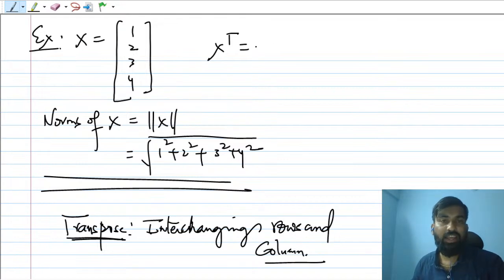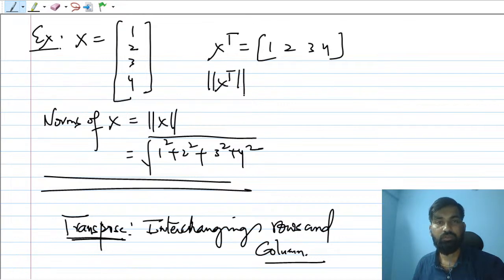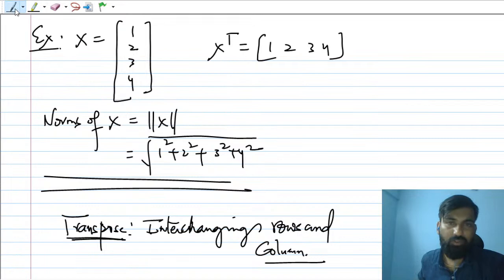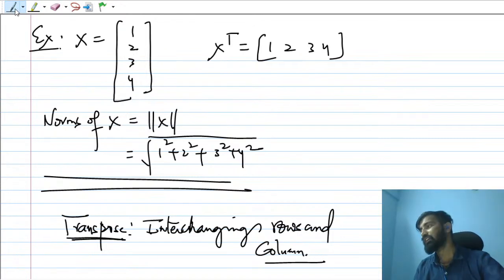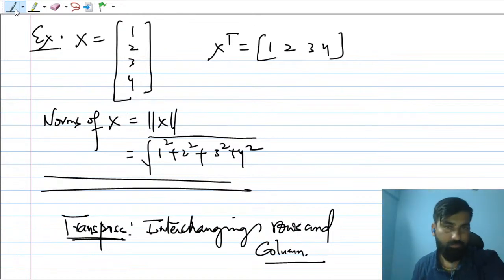So here, x transpose. Sometimes in the exam they might ask like this also. x transpose is given like 1 2 3 4. So you have to find the length of the vector.